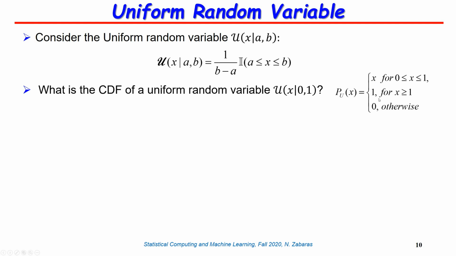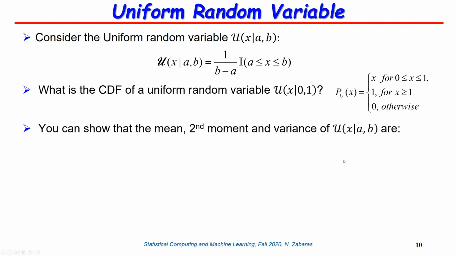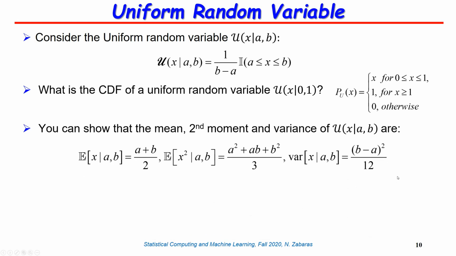And if x is greater or equal to 1, you're going to get the value 1. Okay, so again, this is for the very specific case where a is equal to 0 and b is equal to 1.